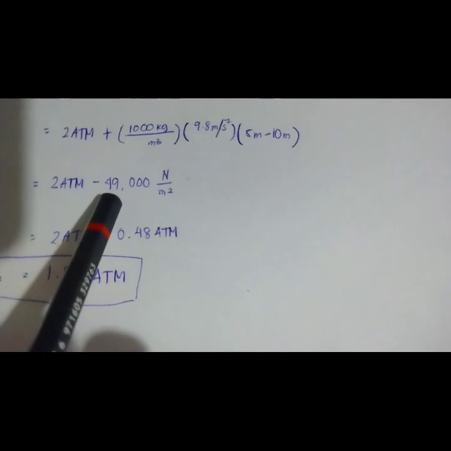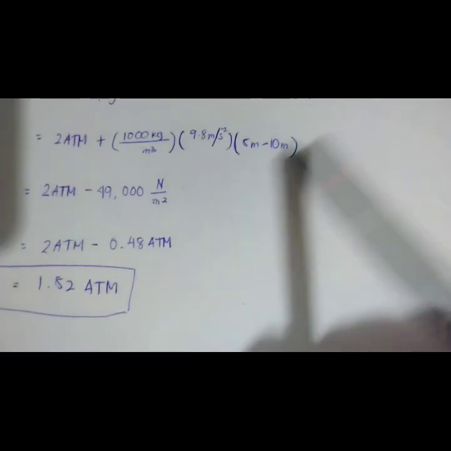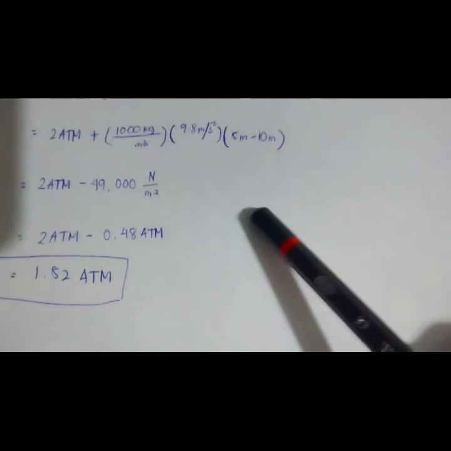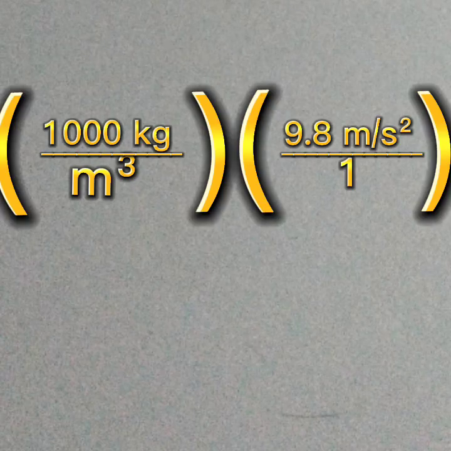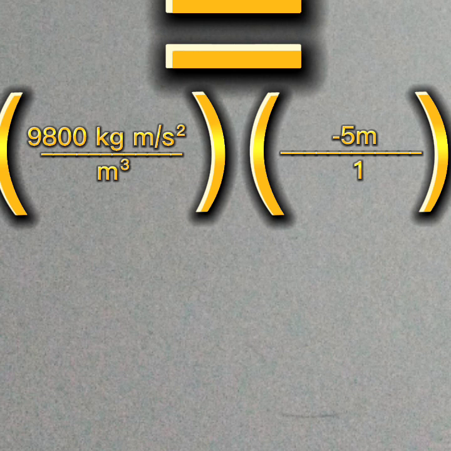negative 49,000 N per square meter. 1,000 kilograms per cubic meter multiplied by 9.8 meters per second squared over 1. So we just multiply the 1,000 kilograms by 9.8 meters per second squared, and the cubic meter by 1. After this multiplication, we get a result of 9,800 kilograms per meter per second squared over cubic meter.